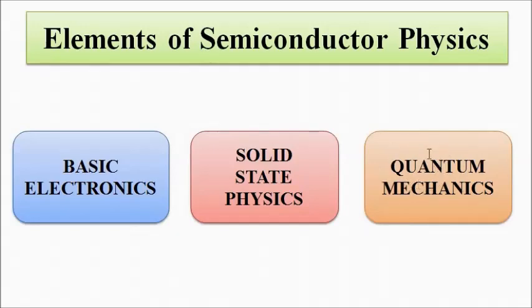Classical mechanics is not applicable for that. We have to use some of the concepts of quantum mechanics. It can be the uncertainty principle, it can be the energy quanta principle, it can be the de Broglie principle, so whatever, we will discuss that.